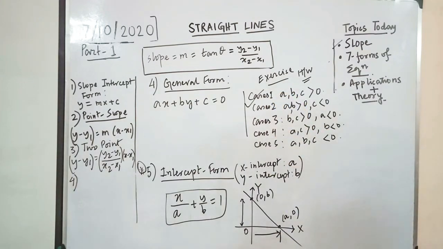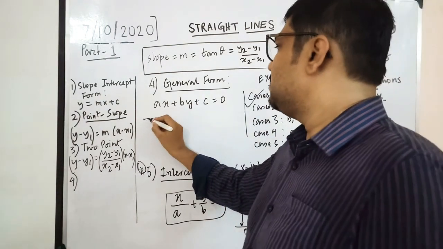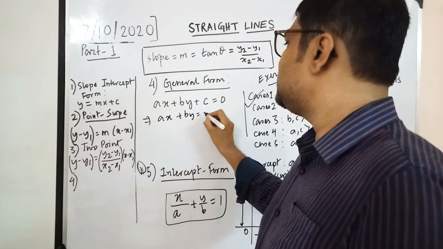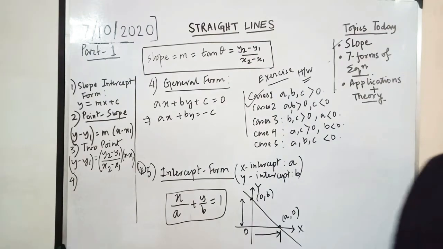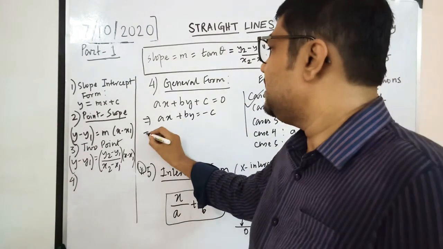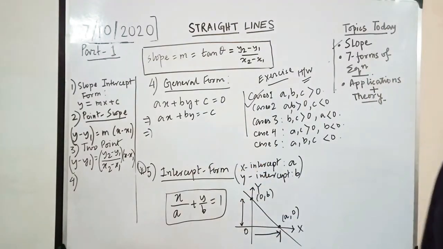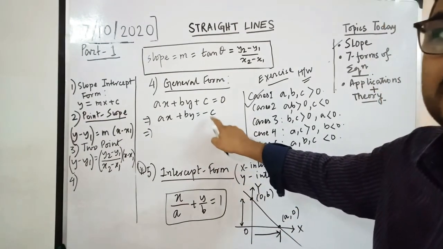So after this I can show you, if I show you the first one, a, b, c all are positive. That means I can write like this: ax plus by equals to minus c, right? And then if I divide the whole thing by minus c, why by minus c? Because I want a 1 over here in the right side.